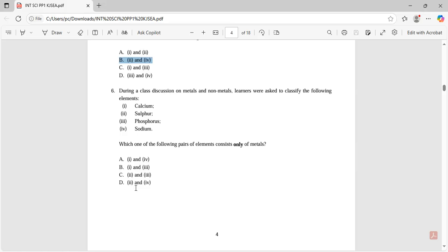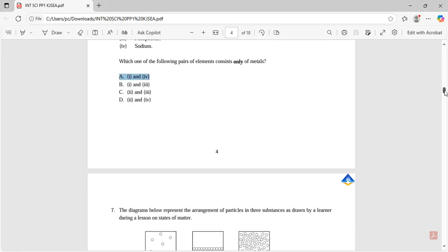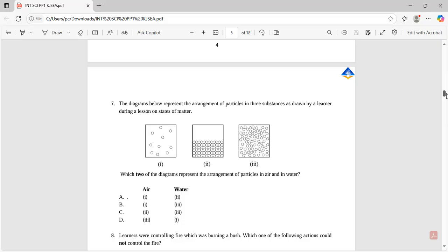Eliminate B and C. So A and D. So A is saying calcium is a metal and sodium is a metal. D is saying sulfur is a metal. No, sulfur, give it gas. So you're left with choice A, which gives calcium and sodium as the only metals. So number 6, A.